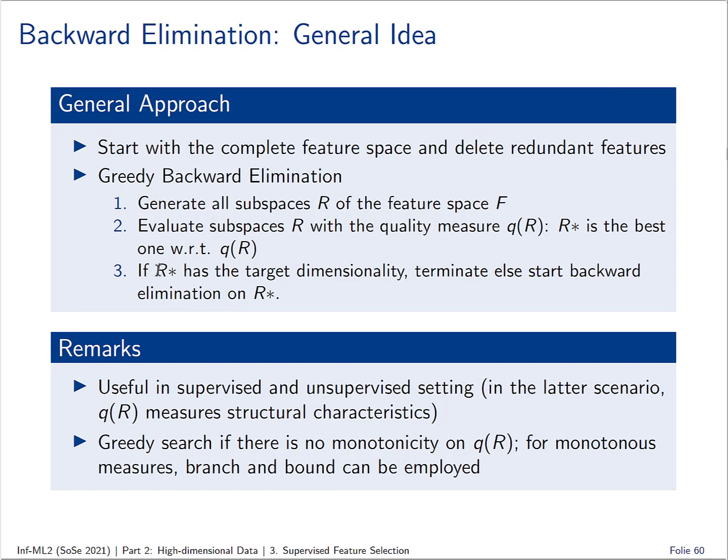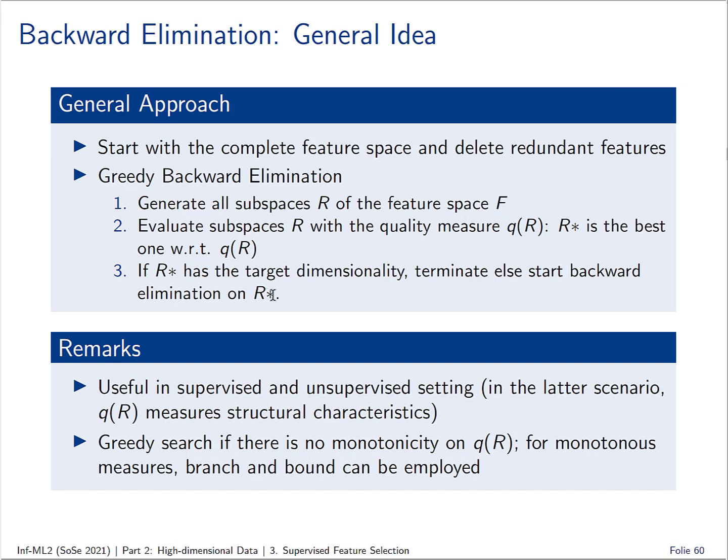So if R star has the target dimensionality, we terminate. Else we just start the backward elimination with R star. So we go back to the first step and generate all d-2 dimensional subspaces of R star in that case. And so on and so on.